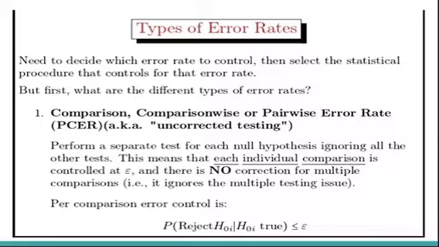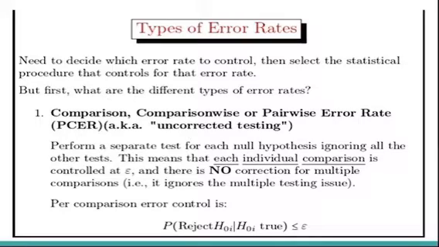Now we're going to consider the types of error rates that we have. The very first one is, and that was why I said you need to decide which error rate to control, then select the statistical procedure that controls for that error rate. But let me tell you, there is something technical. The reason why multiple comparison tests have error rates in the first place is this. I'm going to write something now.